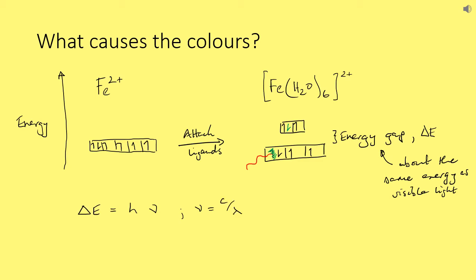So we can also say the energy gap is equivalent to Planck's constant times the speed of light over the wavelength of that radiation. You might get a question which gives you the wavelength or frequency, and you have to work out the energy gap, or vice versa, that sort of thing. So just to remind you, h is Planck's constant.